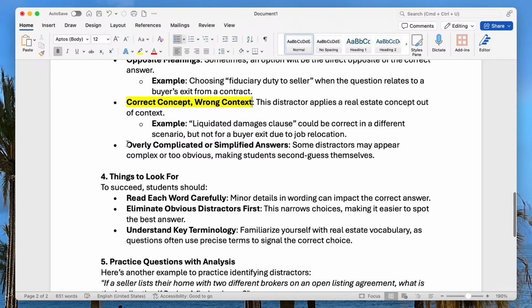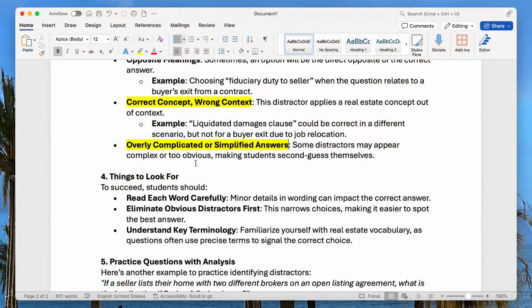Now, the last one we're going to look at is overly complicated or simplified answers. Some distractors may appear complex or too obvious, making students second guess themselves. I probably find this as the biggest challenge for me because it may seem very complex, and sometimes that freaks you out all in itself.